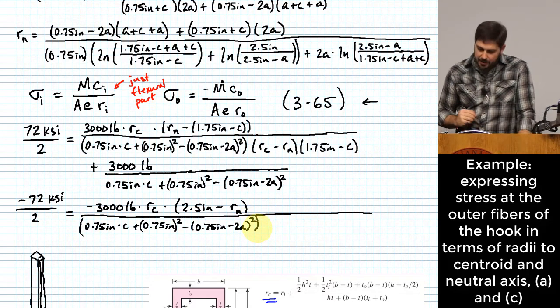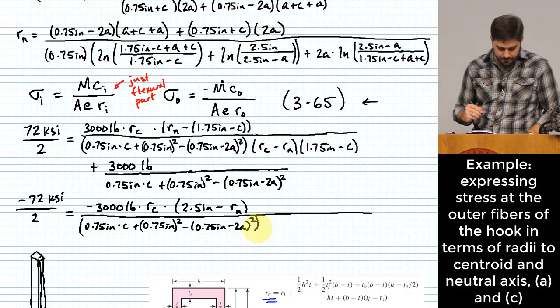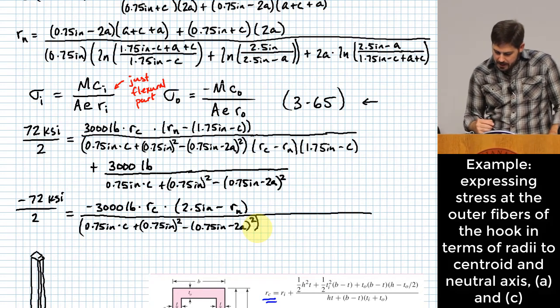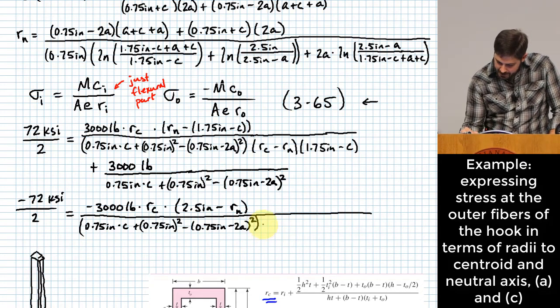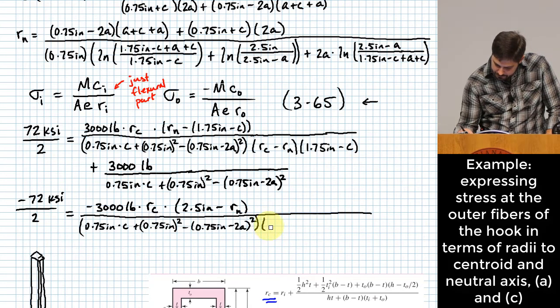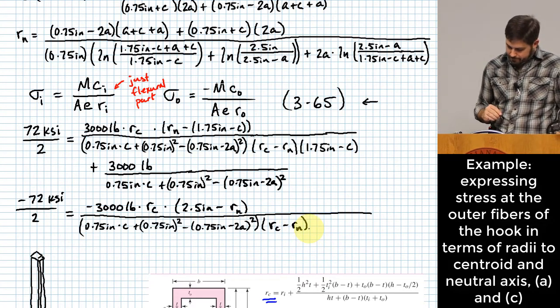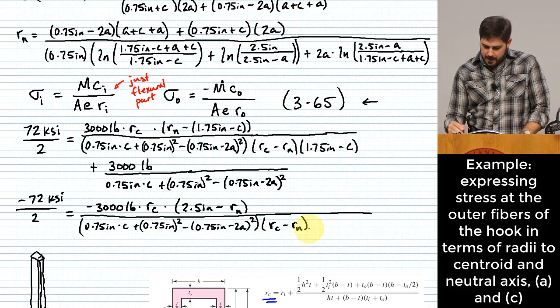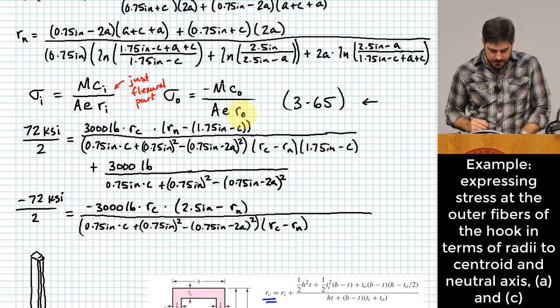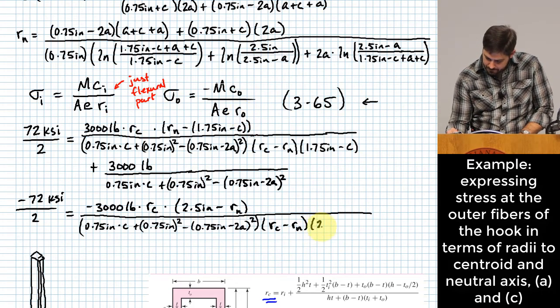This is all my area term. E is not different than it was the last time, so it's just going to be RC minus Rn. And then RO is just 2.5 inches.